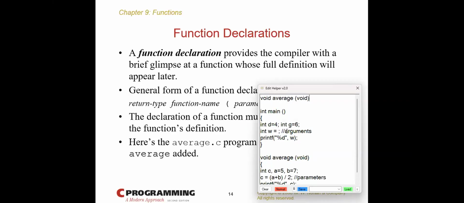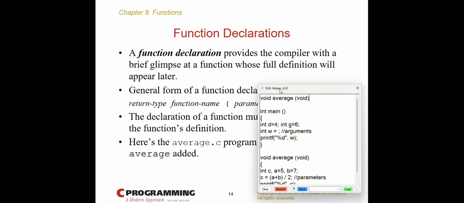So the compiler should see this part. This is what we call the function declaration. So we are declaring the function to the compiler that, okay, sometime later in this code, we are going to meet a function called average. The function does not take any parameter. The function does not return any value, but its name is average. So we just put that.